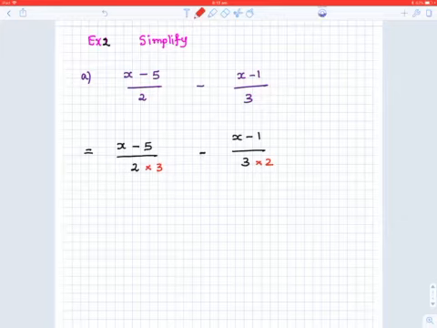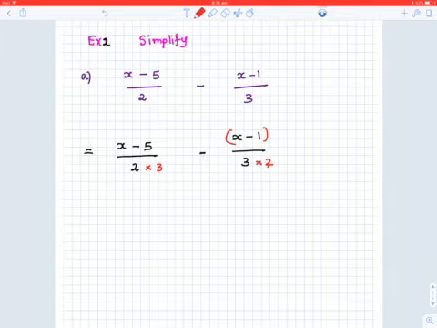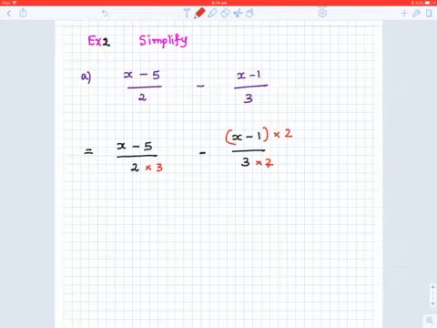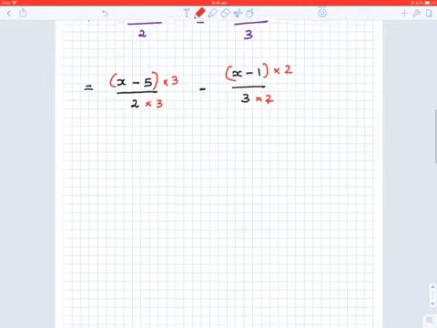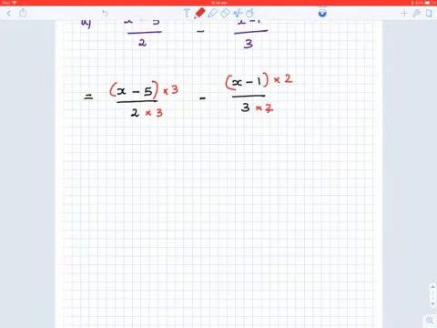As I told you before, when you do something with the denominator, you have to do the same to the top as well. Because the numerator has more than one term, I put a bracket, otherwise it doesn't make sense. So with this part of the fraction, I have to multiply by 3.